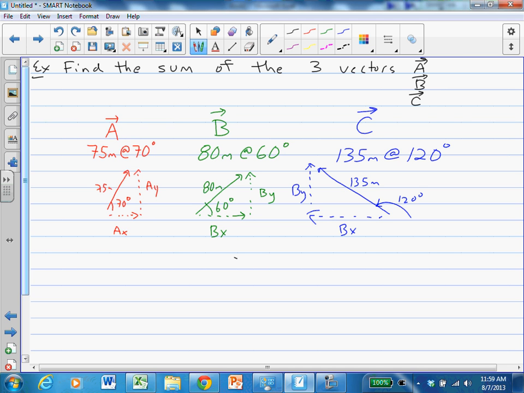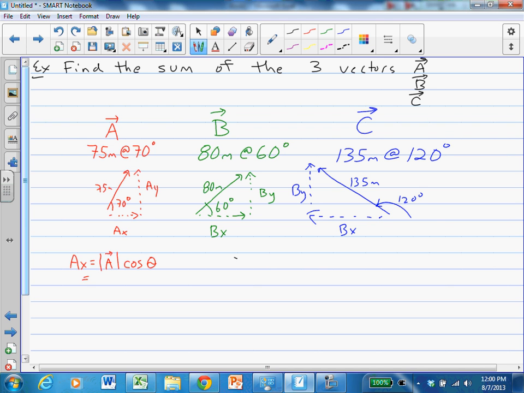So remember back that AX was the magnitude of A times the cosine of theta, and that would be 75 times cosine of 70 degrees, or 25.7 meters.